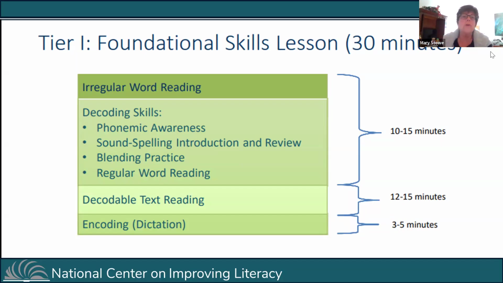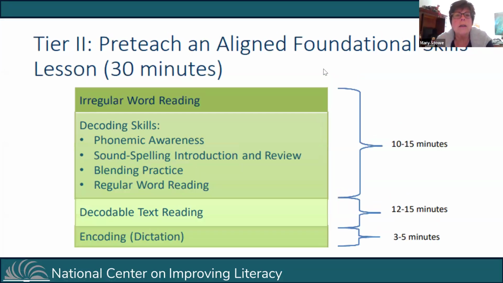And we've built from phonemic awareness to encoding. So we've gone from the simple to the more complex. We've included irregular word reading at the very beginning to make sure that students are engaging with that work as well. You can see that we spend 10 to 15 minutes on the first section, 12 to 15 minutes on the next section, and then 3 to 5 on the subsequent section or last section.